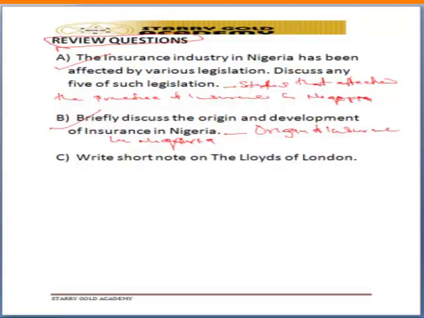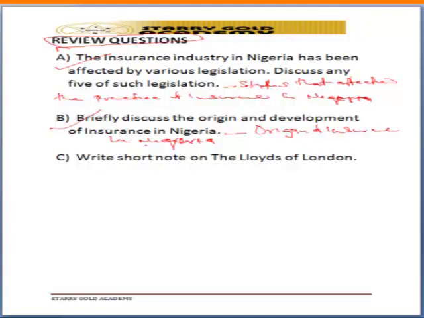I told you in this section that insurance has been practiced unknowingly through some social mechanisms like ajo, esusu, and so on, where people are compensated from the fund they contributed. And conventional insurance started fully in 1891 when the Royal Exchange Assurance Company set up their agency in Nigeria.